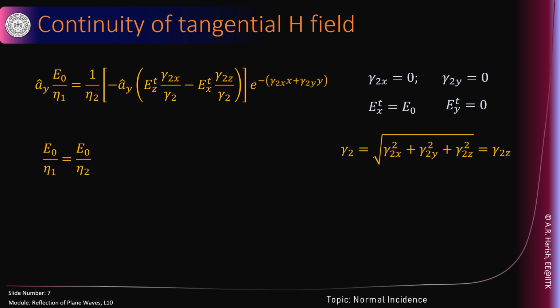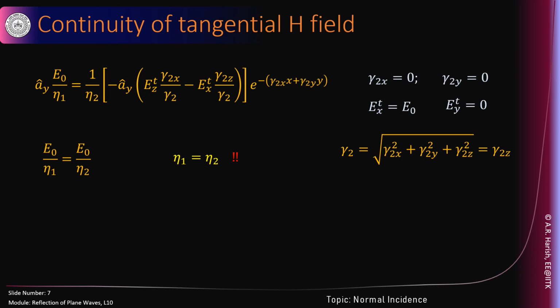Now, if we introduce all these known values into that equation, on the left we have E naught by eta 1, which is equal to, I'm going to get rid of a_y anyway, E naught because of EXT is E naught, upon eta 2, and that minus sign and minus sign will become plus sign, and we have gamma 2z which will be equal to gamma 2, therefore that is equal to 1, and e to the power of minus gamma 2x x, gamma 2y y, they are 0, therefore that gives me unity. Oh, beautiful result. What does it mean? This implies eta 1 must be equal to eta 2 or E naught should be equal to 0.